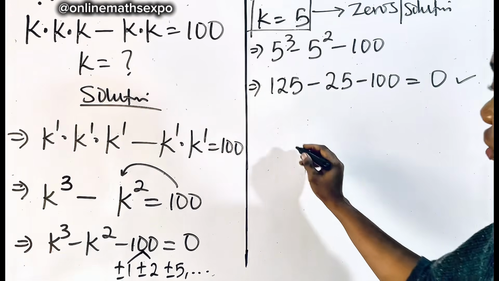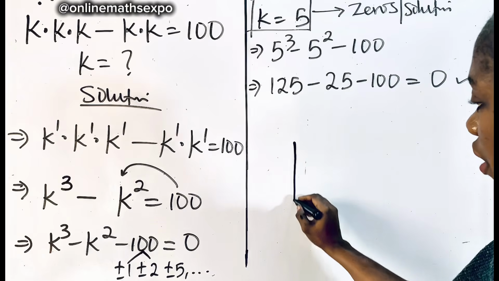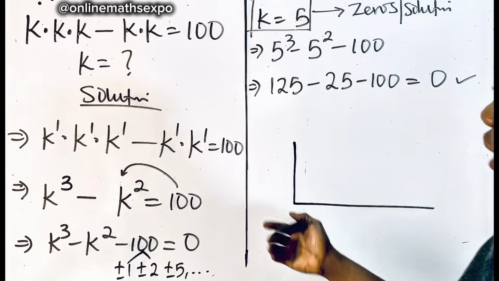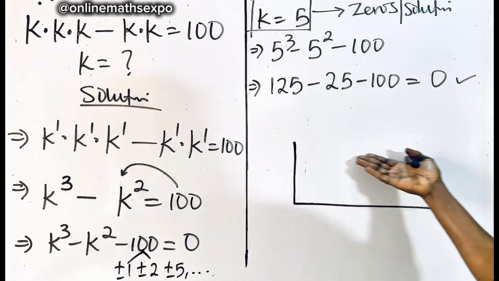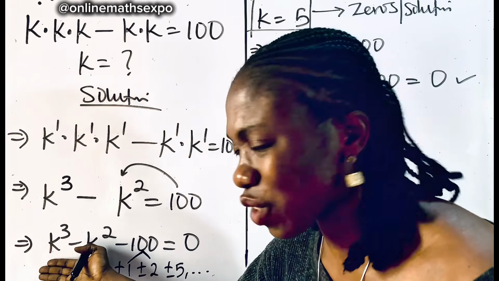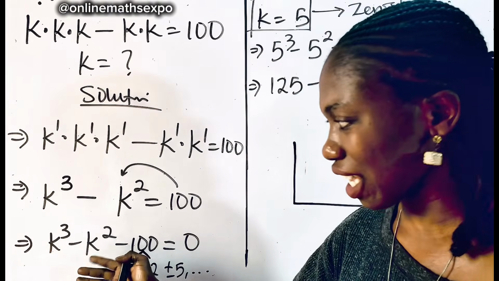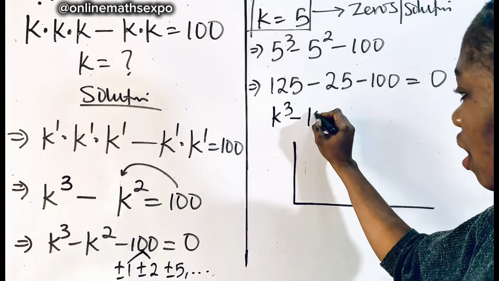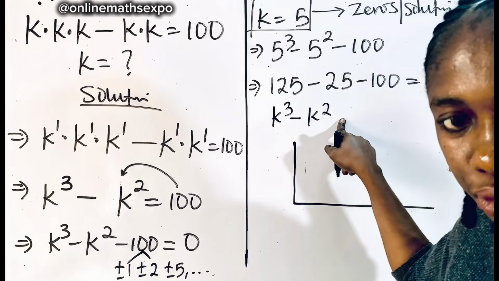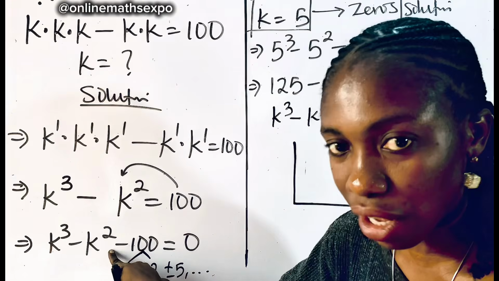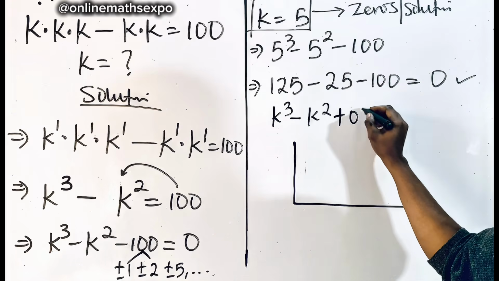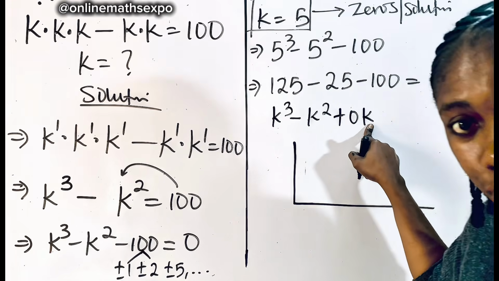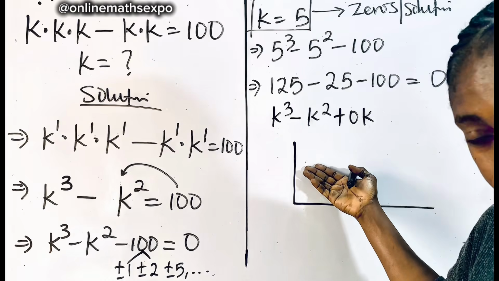So by the synthetic division method, just draw your division bar. Now the coefficients are what you write in here, but we are going to adjust this. You know, something is missing here. The actual thing is k cubed minus k squared, and there should be a value for k. Because there is no value for k, we are going to have it as 0k, just for you to easily work with this method.